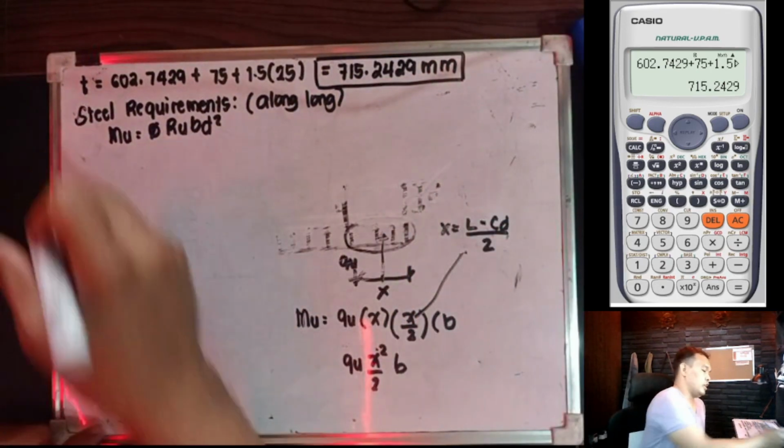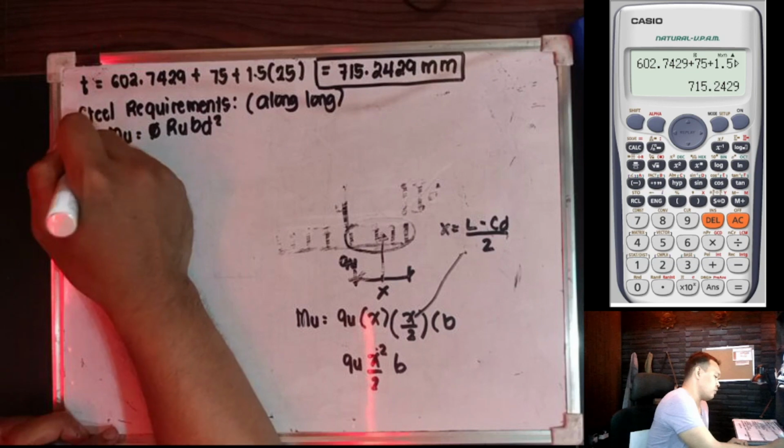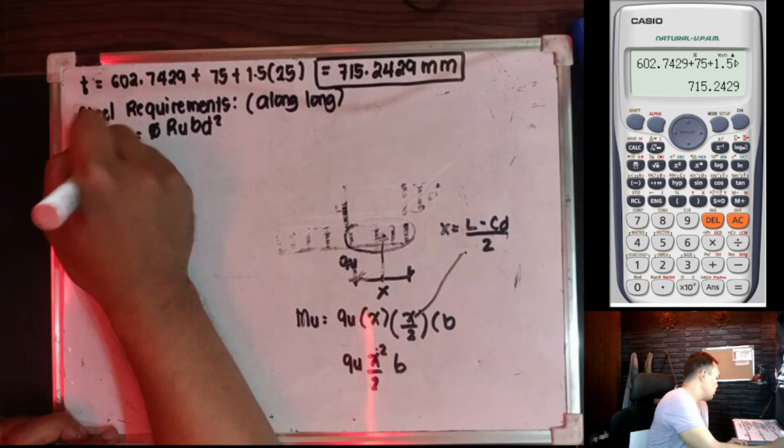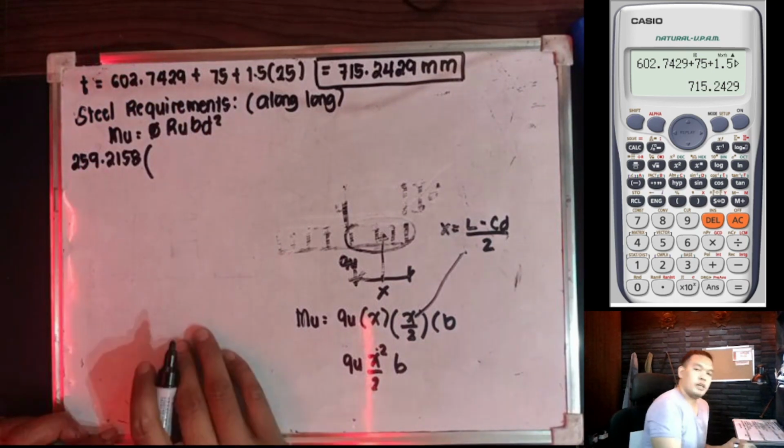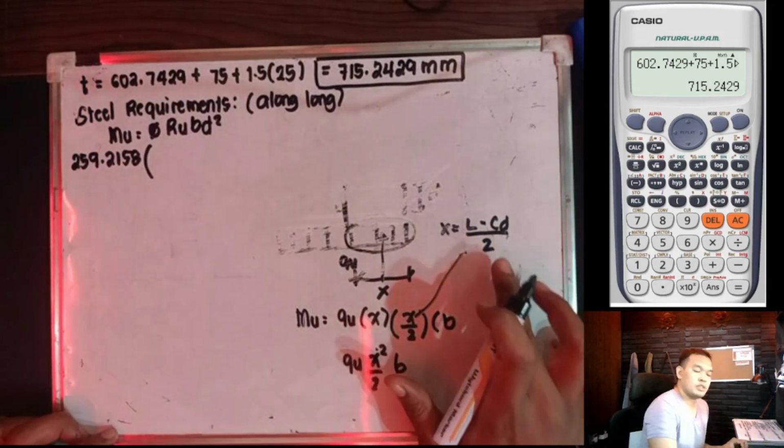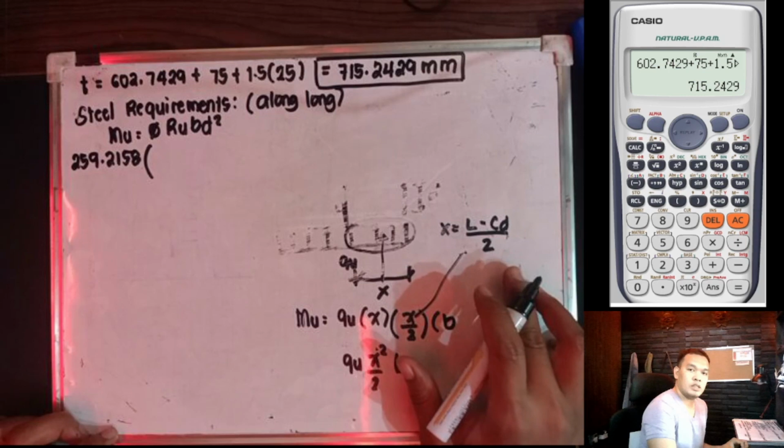We have here QU, which is equivalent to 259.2158 multiplied by X. We all know that X is equivalent to L minus CD over 2.